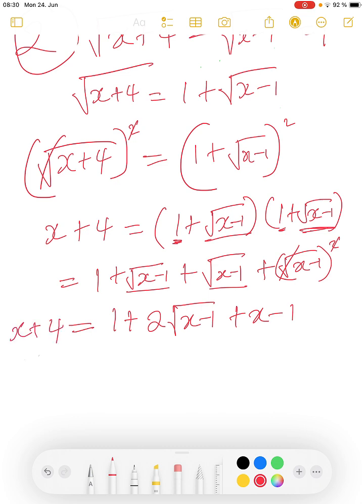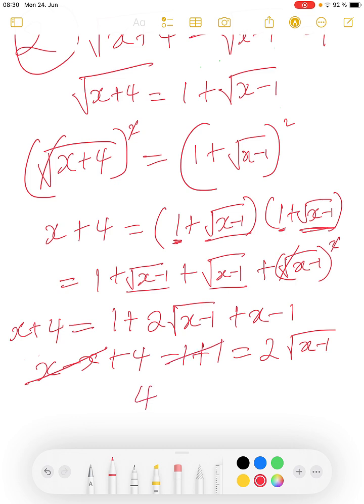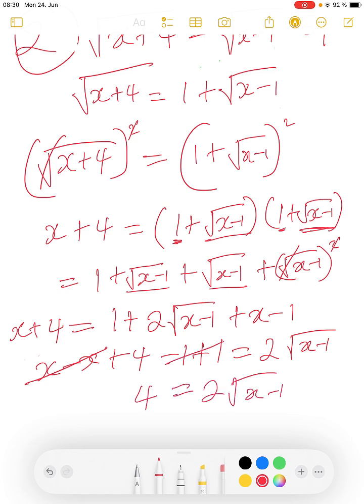To do this, we have to collect like terms. So we say x minus x plus 4 minus 1 plus 1 equal to 2 root x minus 1. So this cancels this, and you have 4. This can cancel this, equals 2 root x minus 1.